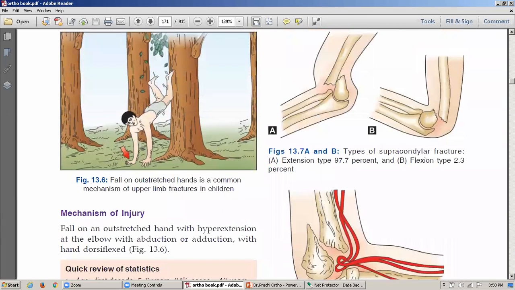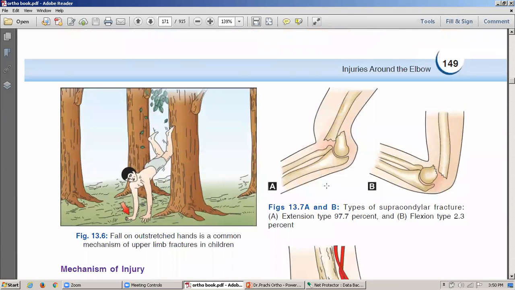So here in this diagram, you can see the types of supracondylar fracture: A is the extension type, that is 97.7%, and here is the flexion type, that is 2.3%.